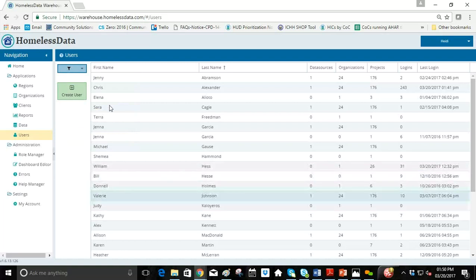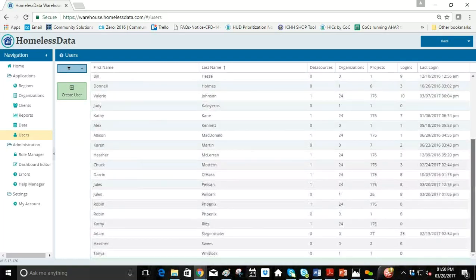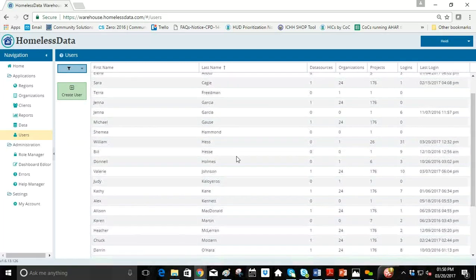Everything is contained. And these are all of the users that are associated with data coming from Sonoma County. I don't know most of these users because Chris does, and he manages his COC and is able to be sort of the first point of contact for the users in his region.